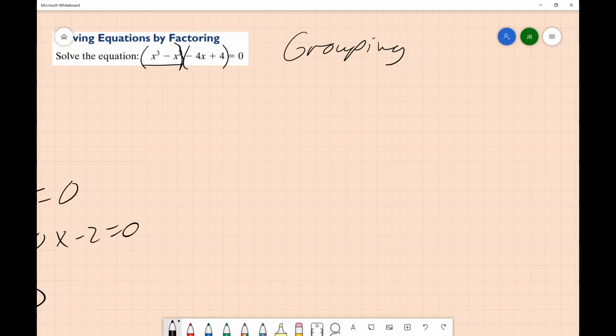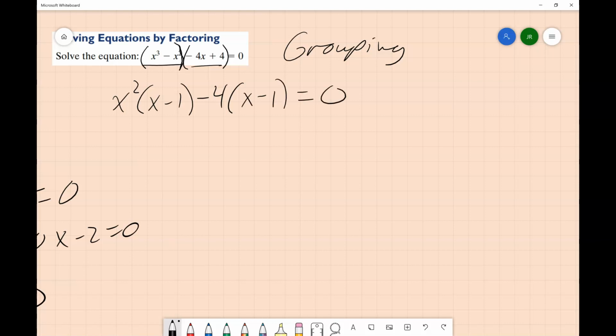In the first group, I will factor out the GCF, which is x squared, and that leaves me with x minus 1. And in the second group, I'll factor out the GCF, which is going to be 4. But anytime the first term is negative, you're going to factor out the GCF as a negative. So I'm going to factor out a negative 4. And so I'm dividing both of these by negative 4. That leaves me with positive x minus 1.